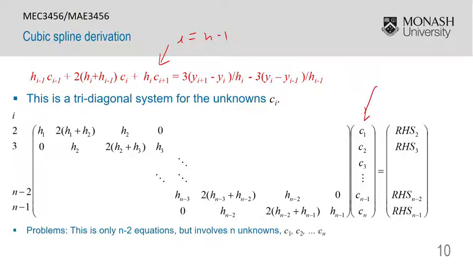The problem is, well, I've already said this is only n minus 2 equations. It involves unknowns c_1 through to c_n. We've actually introduced an additional problem. c_n doesn't exist because we only have n minus 1 splines. So we're a little bit stuck at the moment because we have a system that's not actually a square matrix. It's got n minus 2 rows but n columns.